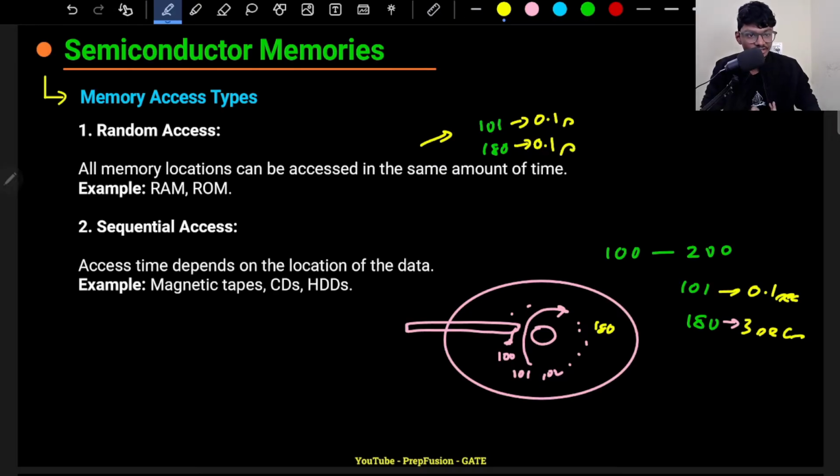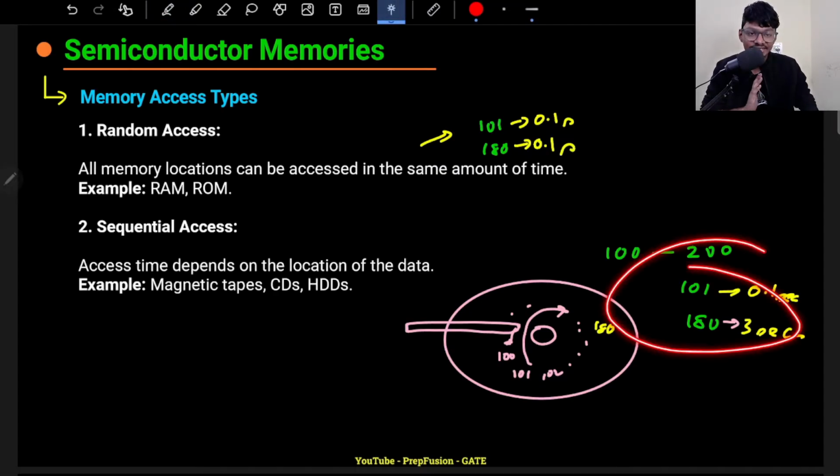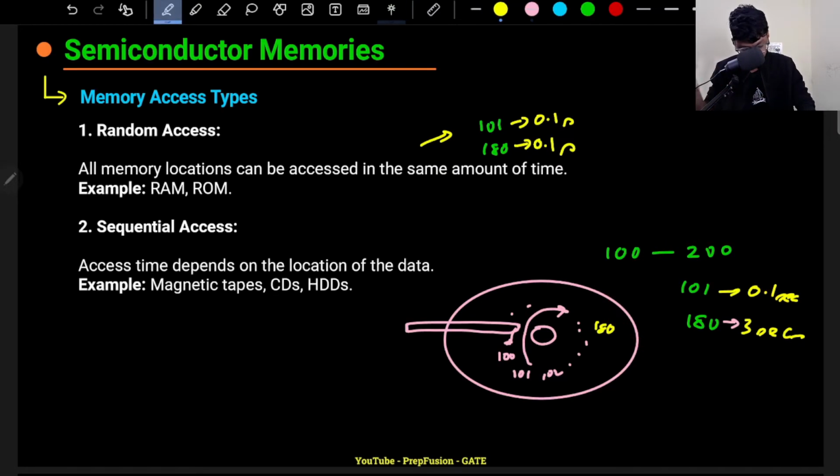Now you might ask, why then are we using sequential access? What is the point? Obviously it is cheaper, and if it is cheaper, we can store a large amount of data, where we are not concerned with speed, just with storing the data. Random access is obviously expensive, that's why we don't use it everywhere.